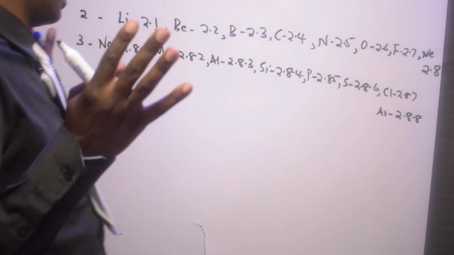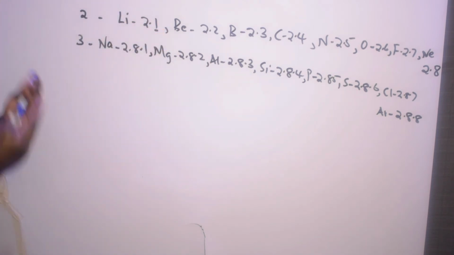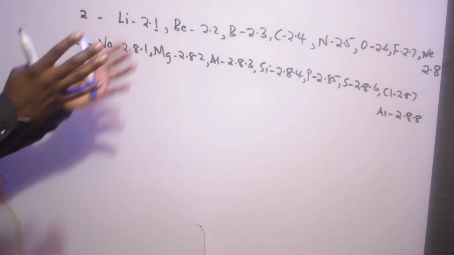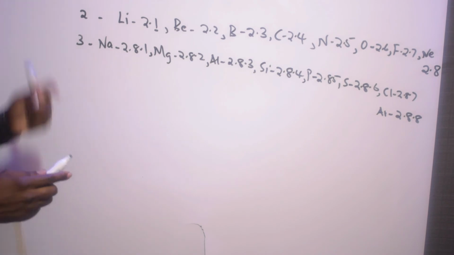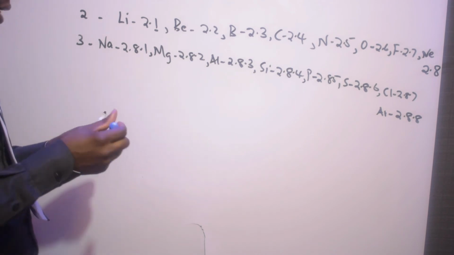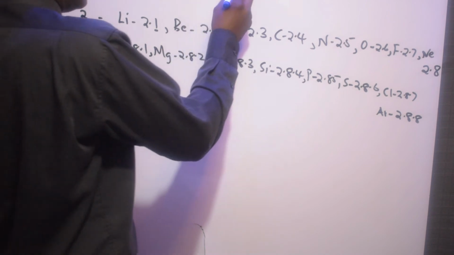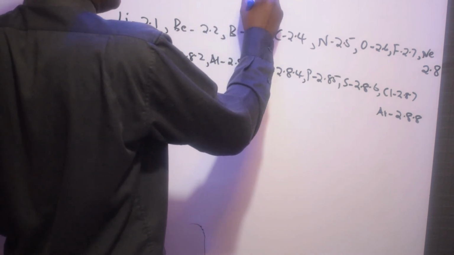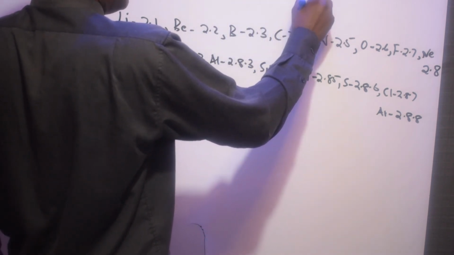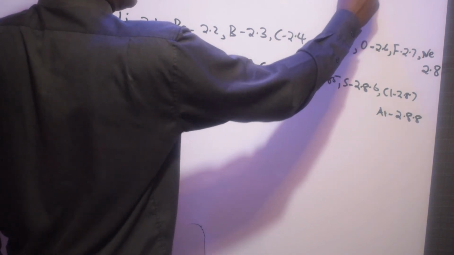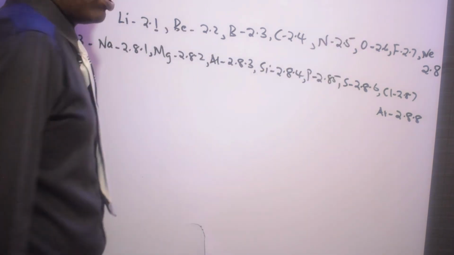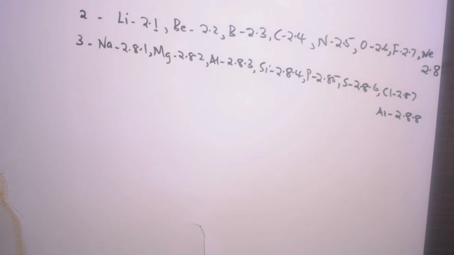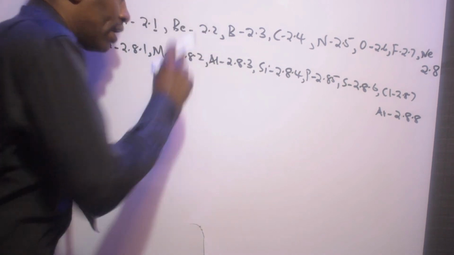Maybe the only significance is in terms of the structure of these atoms. In period 1 here, you realize they have one energy level. This one may not be significant as far as the chemical properties are concerned. One energy level. Look at that: hydrogen and helium.